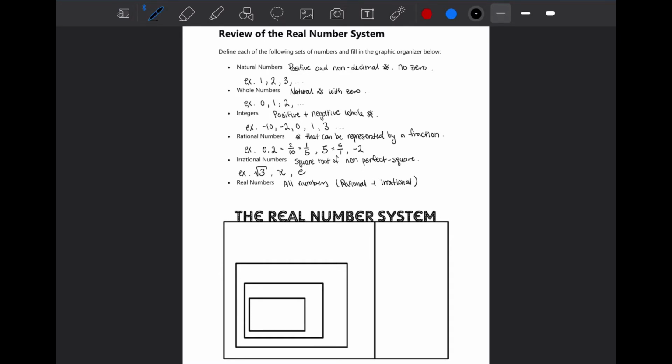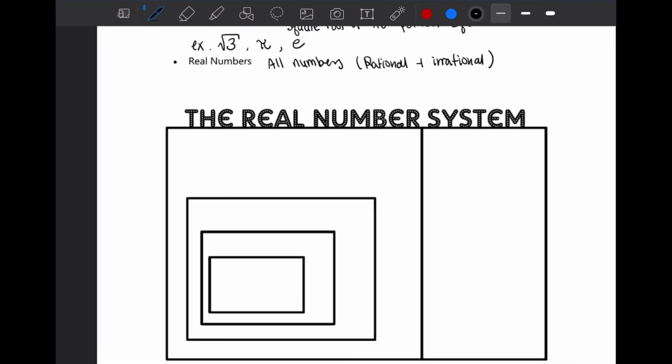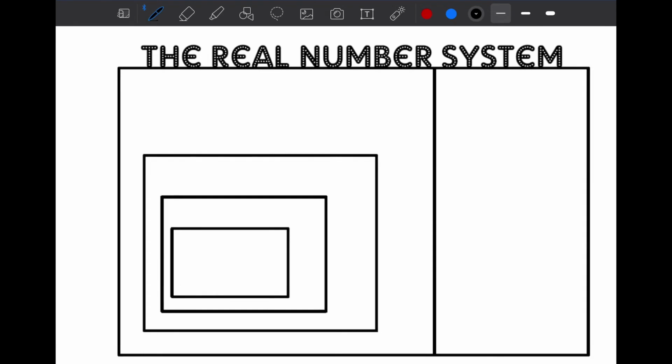So we'll start with the smallest box here. So you can kind of see that natural numbers are the smallest set of values that we can get. So if, for example, natural numbers are 1, 2, and 3, so we can say natural numbers here. Whole numbers include everything in natural number plus 0.